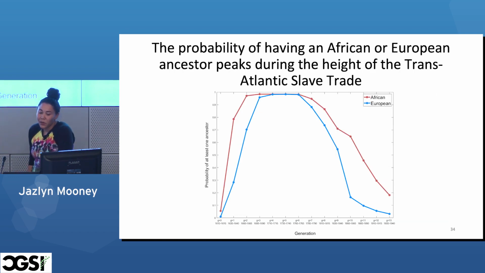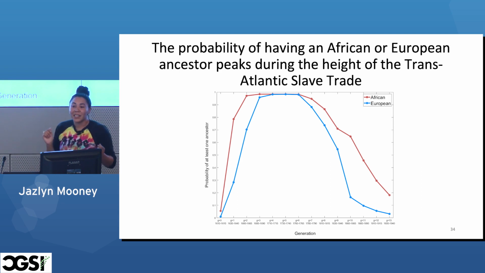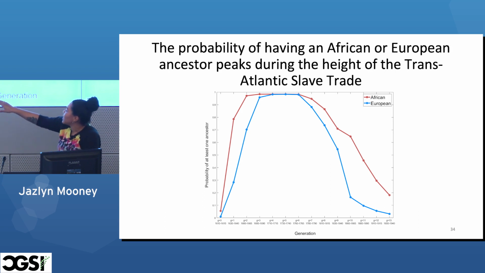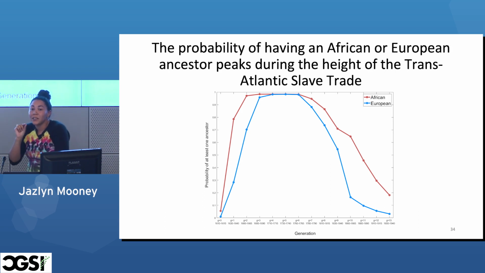The last way that you can think about this is by asking, okay, what's the probability that if I'm going back in time, at least one of my ancestors goes back to either source population, so African or European. And what you see here, so the same x-axis as before, this is per generation. On the y-axis is the probability of seeing an ancestor in that generation.